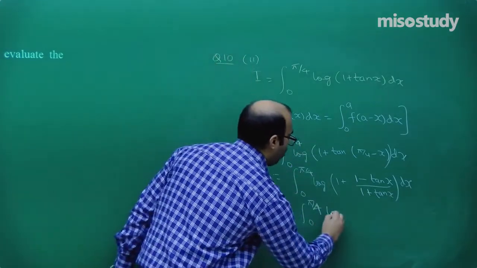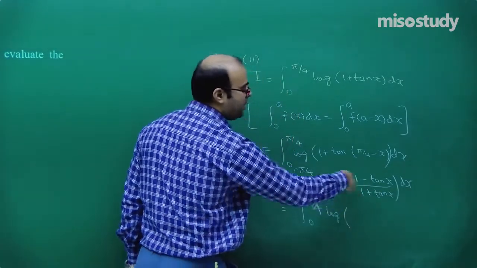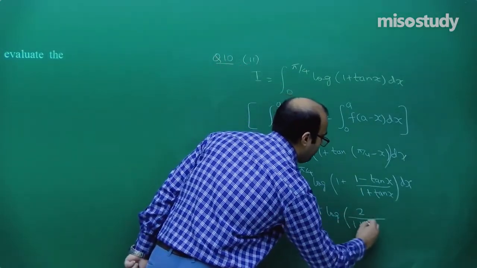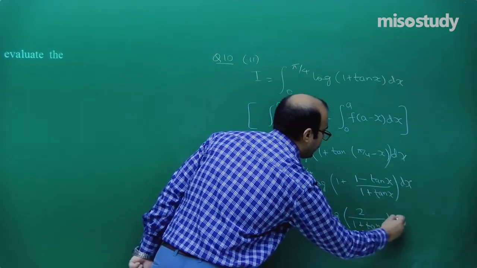So this will become log of, when we take LCM in the numerator, tan x will cancel and 1 will add to 1, so 2 upon (1 + tan x) dx.